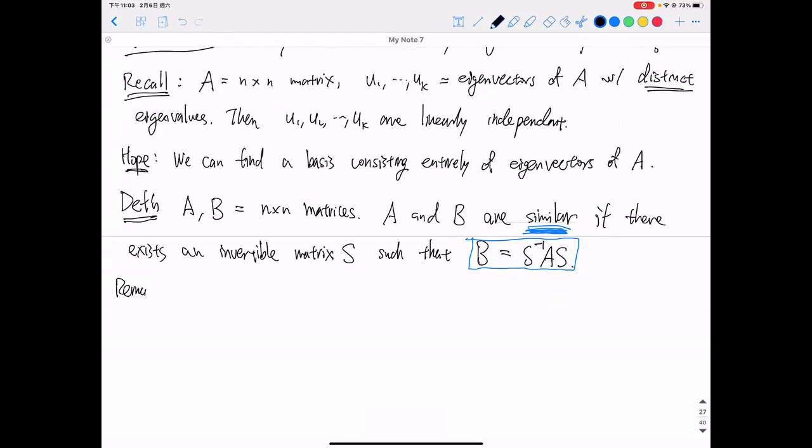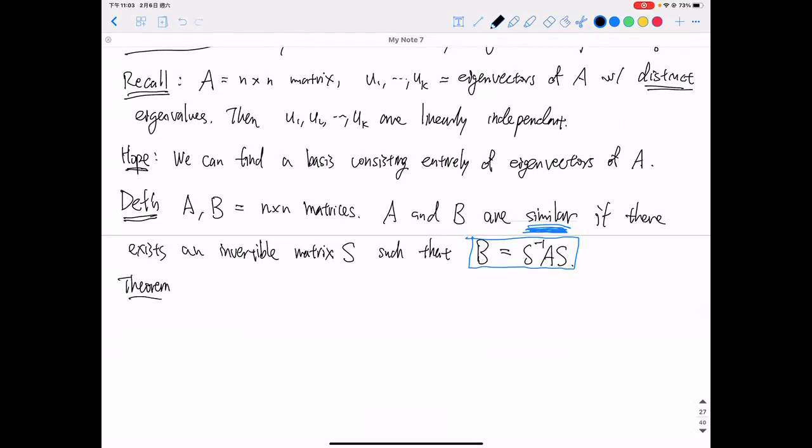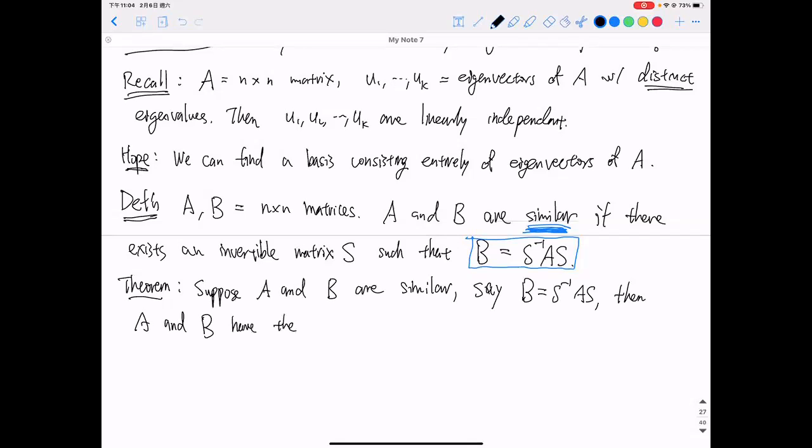And the immediate remark, not remark, it should be a theorem: suppose A and B are similar, say B is equal to S inverse A S. Then A and B have the same characteristic polynomial, hence the same eigenvalues with the same algebraic multiplicities.